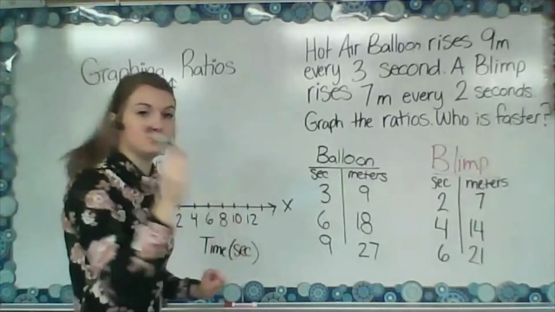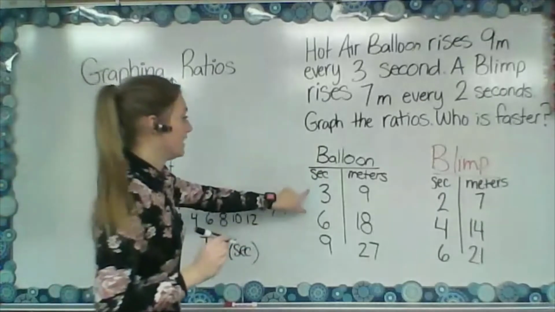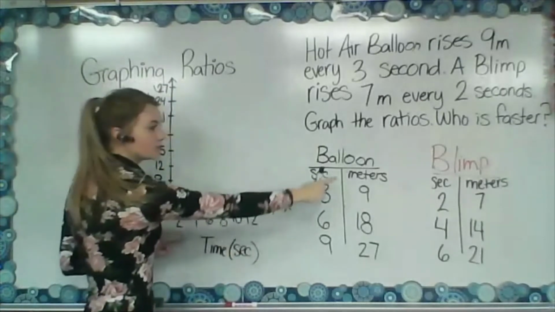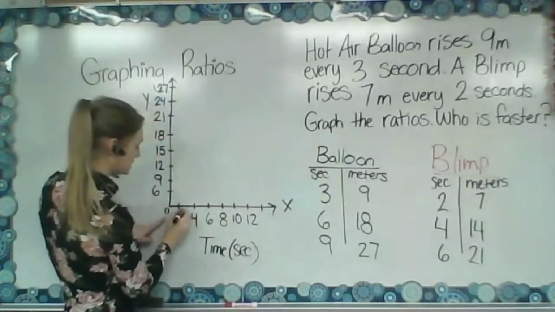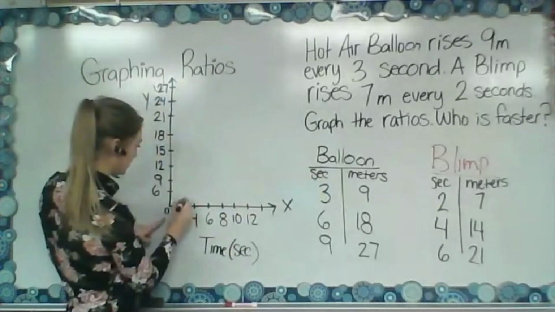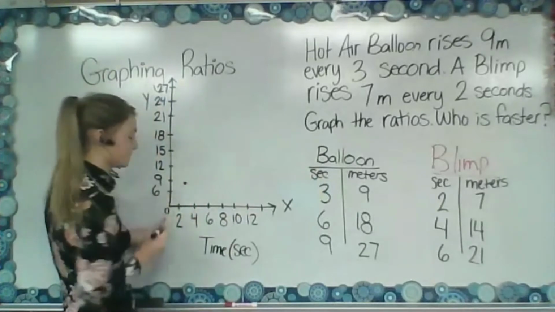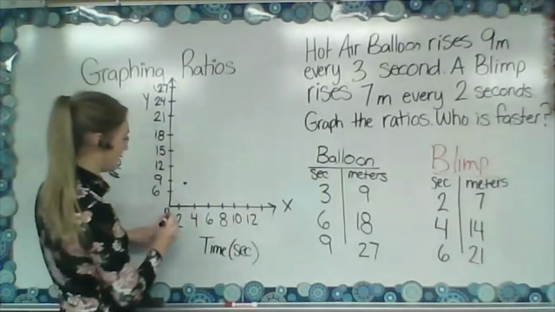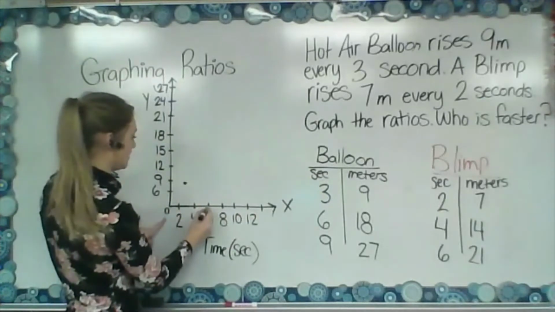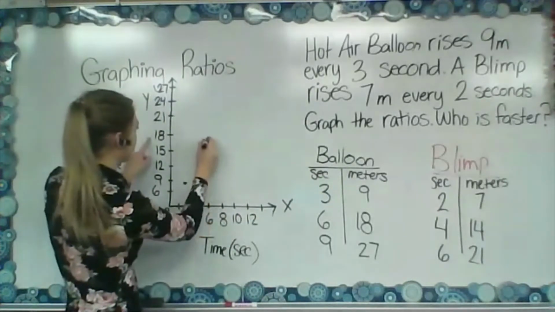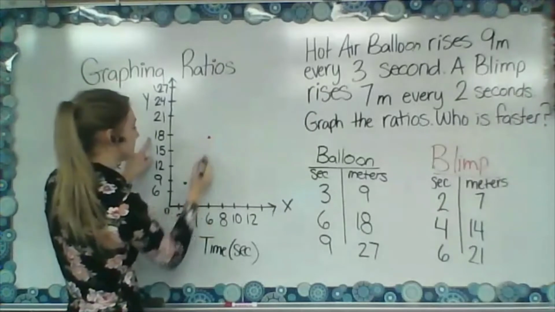I'm going to do the balloon first. I'm going to do it in black. I'm going to go 3 over, 3 up 9. So 3 is going to be in between these two, and 9 is right there. And then I have 6 and 18, so that's going to be all the way up here.